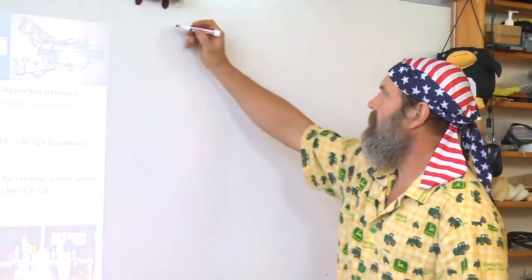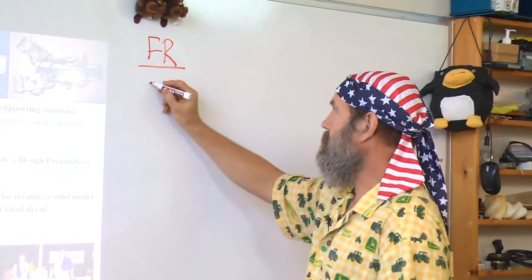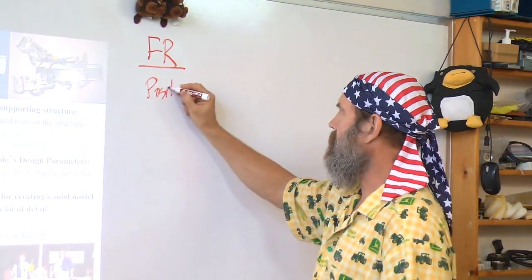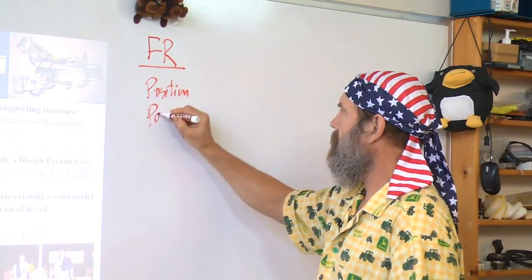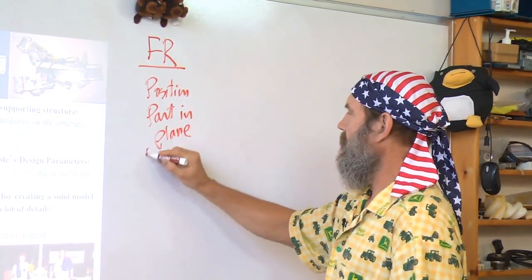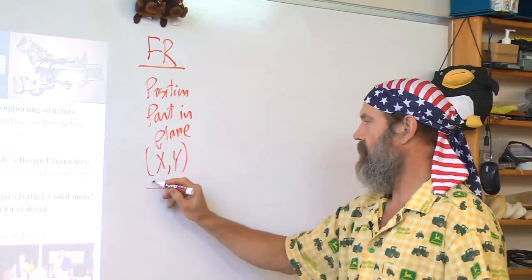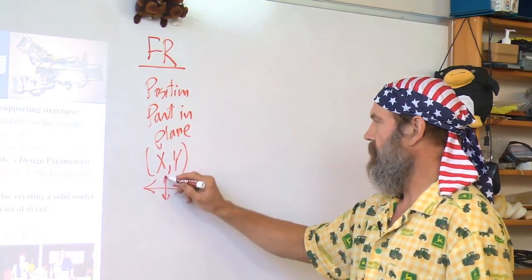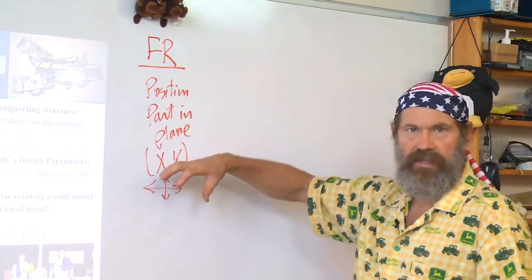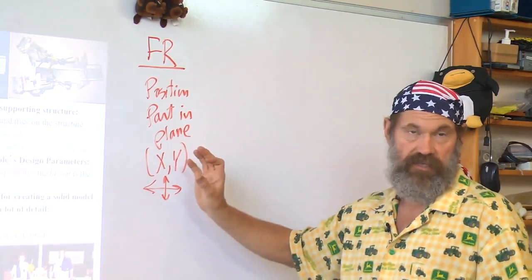How would I do the layout? My functional requirement is that I need to be able to position my part in a plane. I'll be happy with just X, Y. I'm not going to worry about orienting the part because I'm drilling a hole, so rotary orientation doesn't matter.